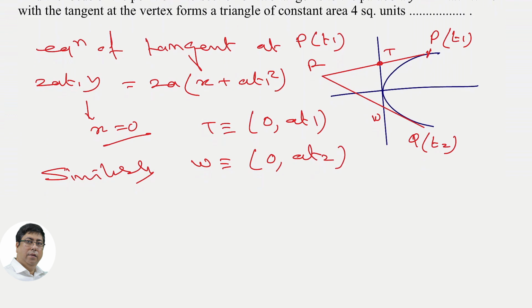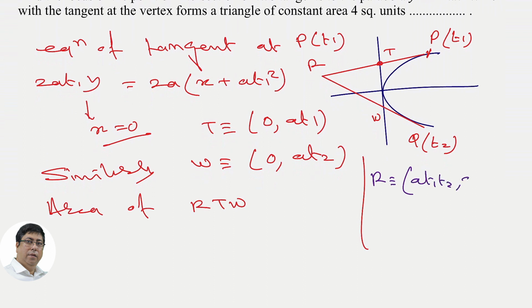Now we can get the area. Area of RTW we have to find. In this case we know that R is the point of intersection of the tangents, (AT1T2, A(T1 plus T2)).